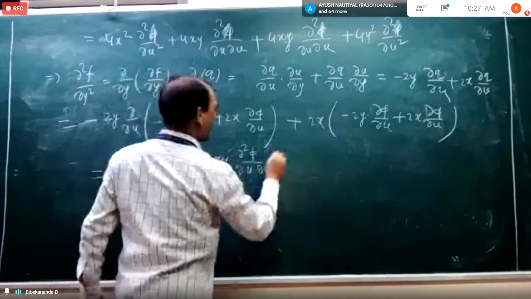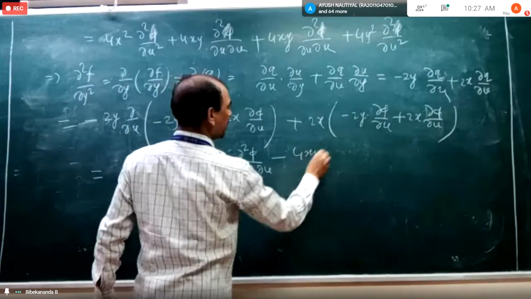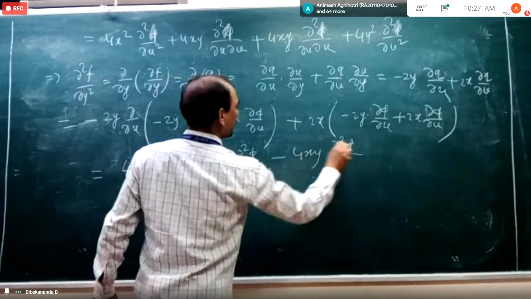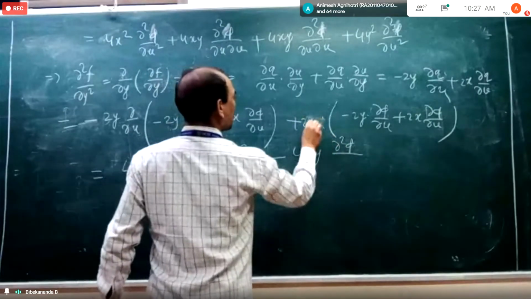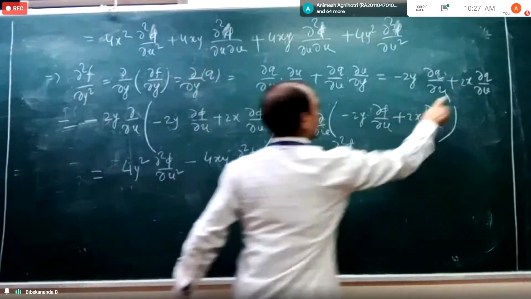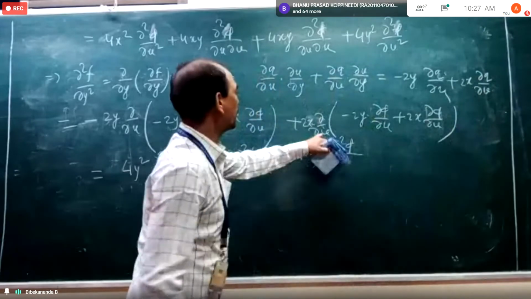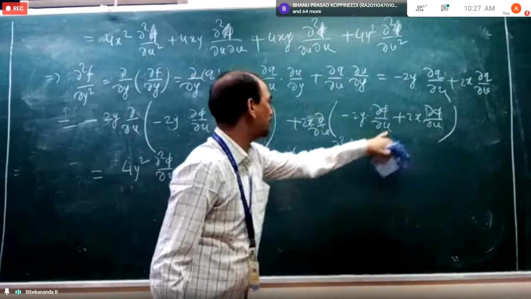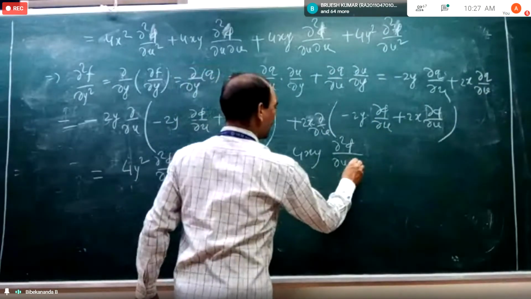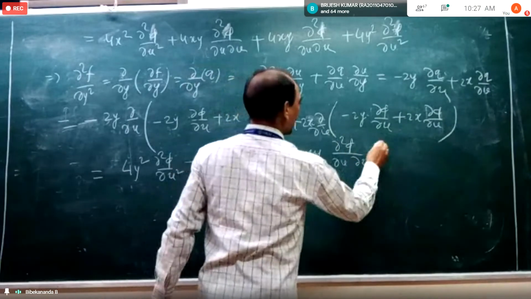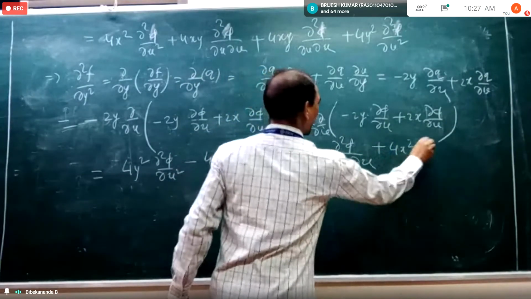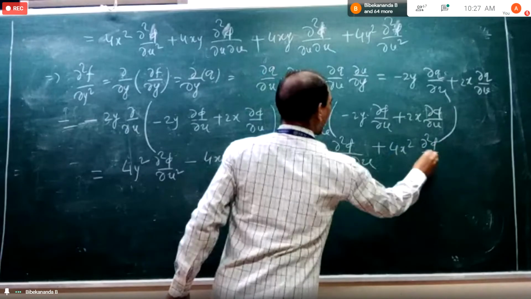And here minus 4xy ∂²φ. Sorry, here I forgot to write ∂/∂v, because ∂/∂v. So here with respect to u, v, here with respect to u, so ∂v ∂u, and this one will be plus 4x² ∂²φ/∂v².